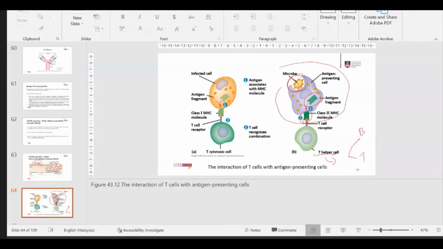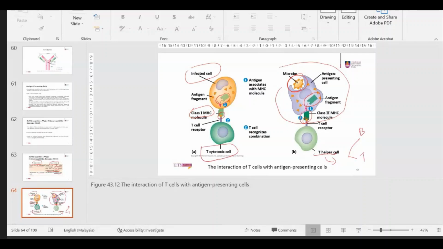But for class 1, it presents antigen molecule by infected body cell. Infected body cell produces class 1. The MHC binds with antigen fragment and exposes the antigen molecule to cytotoxic T cell.